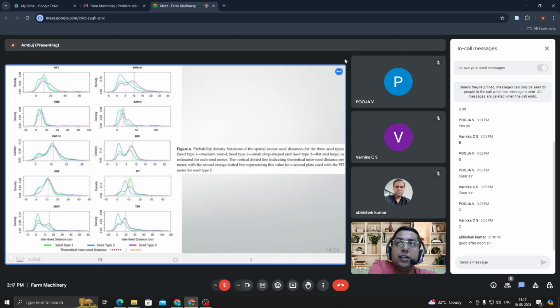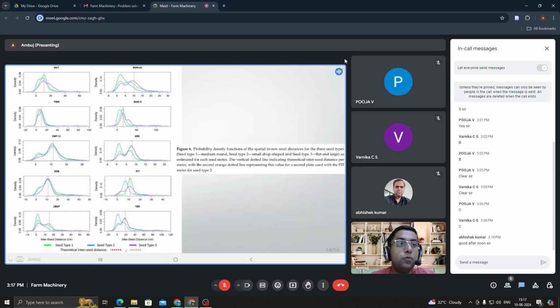Try to see here: density and inter-seed distance are in all the plots. From the test bench photographs, we plot this probability density function.